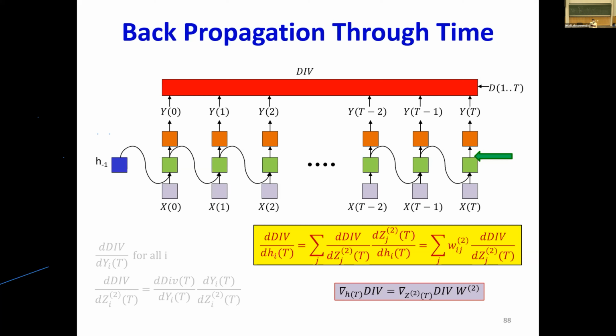So what is the next term? If I want the derivative out here, what is it going to be? The derivative of z with respect to h. What is that? If I want to communicate a derivative from here to here, what did we do for the MLP?